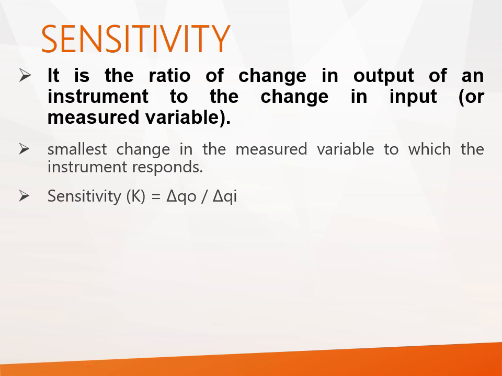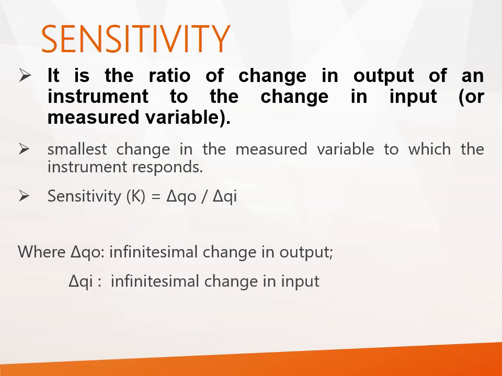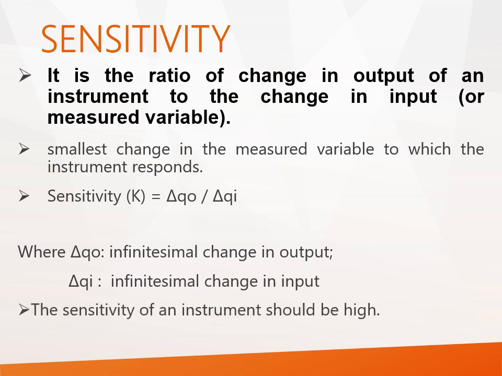The sensitivity is calculated by change in Qo, that is delta Qo divided by delta Qi. Here delta Qo is the infinitesimal change in output, and delta Qi is the infinitesimal change in the input, that is the smallest change. The sensitivity of the instrument should be high.